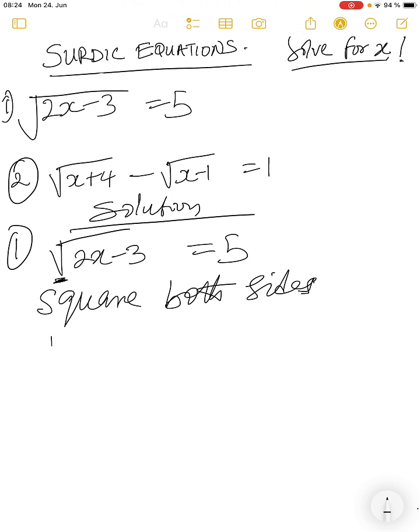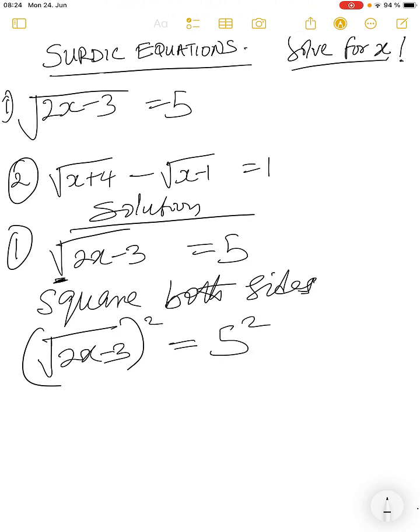So to square both sides, we have root 2x minus 3 equal to 5 squared. The essence is to eliminate this. So square cancels root, and you have 2x minus 3. 5 squared is 25.